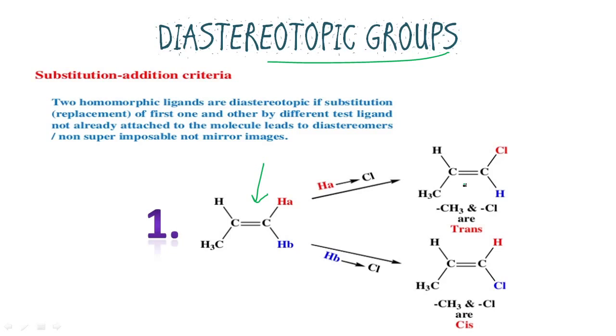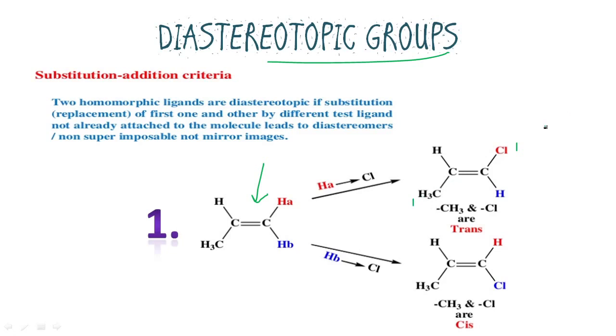But what you can actually do is assign the EZ configuration also. So the number one priority is chlorine on the left hand side, and on the right hand side number one priority is the methyl group.